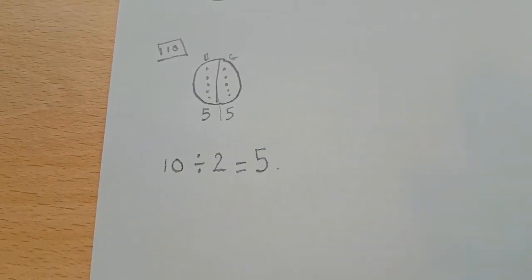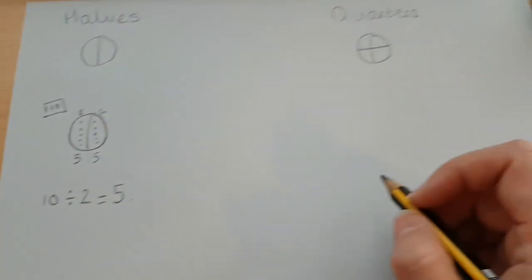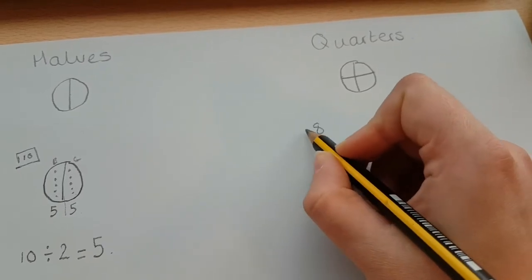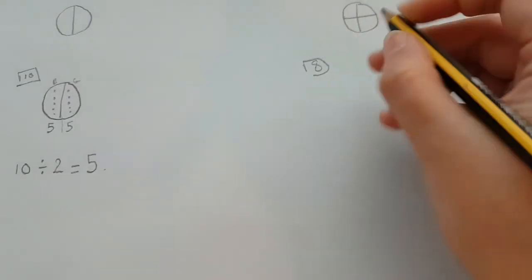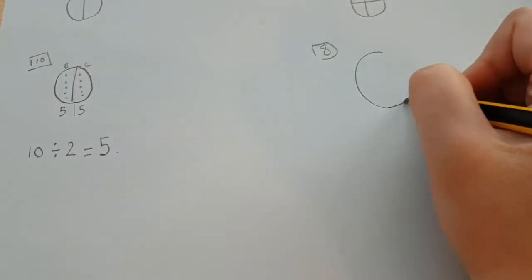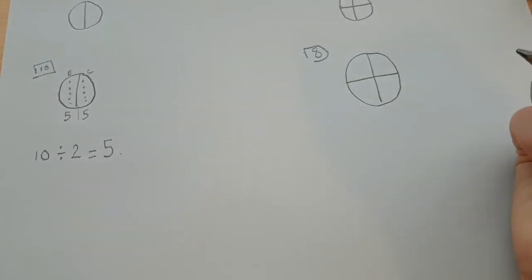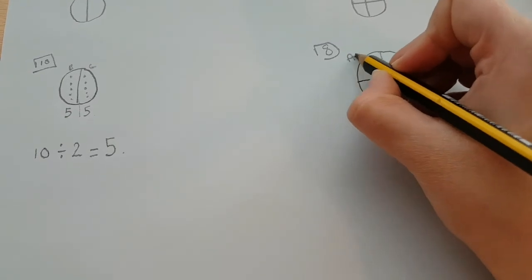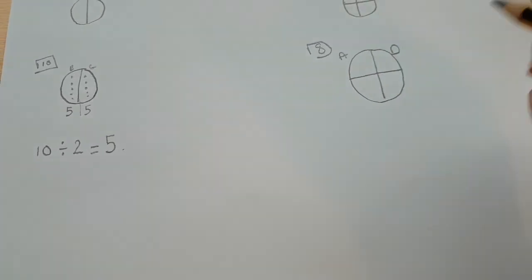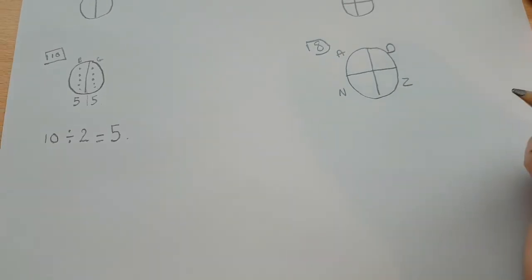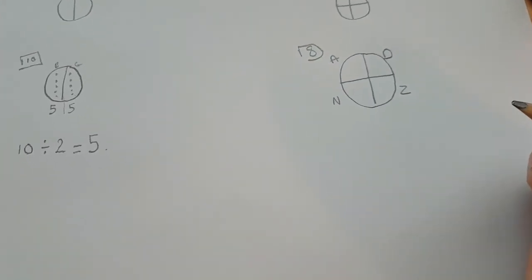Okay, and I do exactly the same thing if I was quartering a number. So say, for example, I had 8 Easter eggs and I needed to share them between 4 children. Let's go with Ariana, Dorian, Noah and Zainab. I had to share my 8 Easter eggs out between those 4 children.